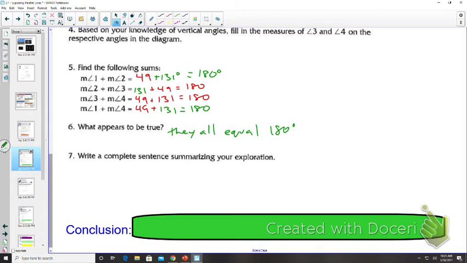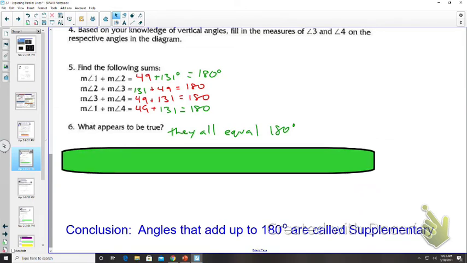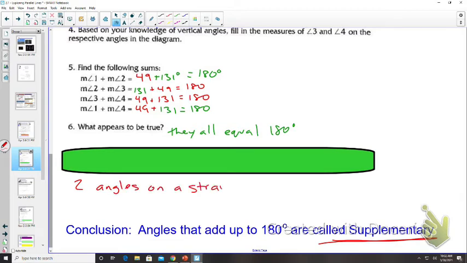So let's see, what do we put here? Angles that add up to 180 degrees are called supplementary. Okay, so that's important. Make sure we know that definition there, supplementary. And we can also say two angles on a straight line add up to 180 degrees, and that is termed supplementary.